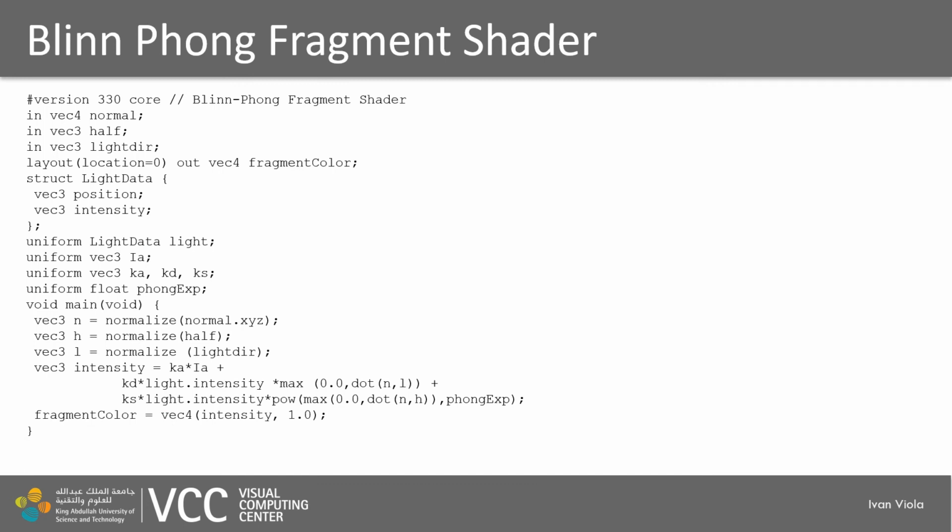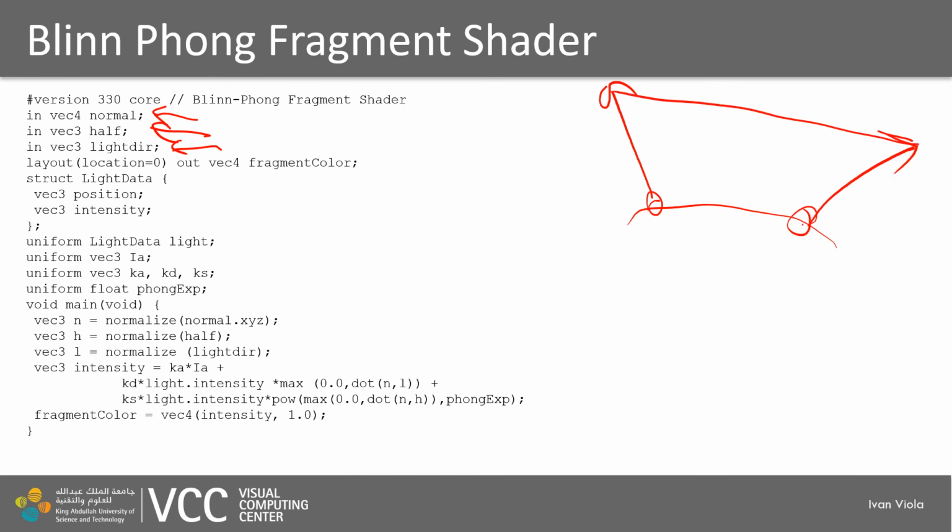In the fragment shader, we have these vectors available at our disposal. However, those have been interpolated, which means that even if I have a unit normal, for example, at one position of my triangle, and here is another one, if I interpolate, and here's my edge, for example, then these vectors will not be unit vectors.